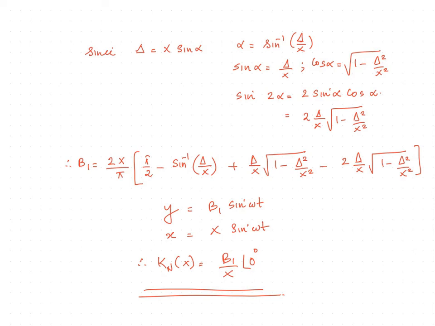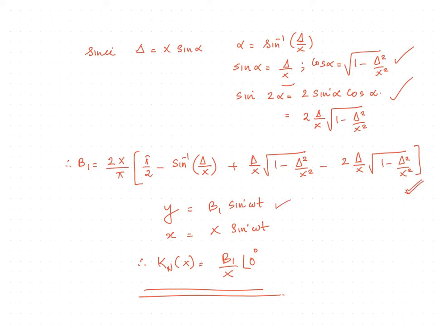Since delta is equal to capital X sin alpha, cos alpha and sin 2 alpha can be written as delta by X root of 1 minus delta square by X square and 2 delta by X into root of 1 minus delta square by X square respectively. Finally, we get the result of b1 like this.